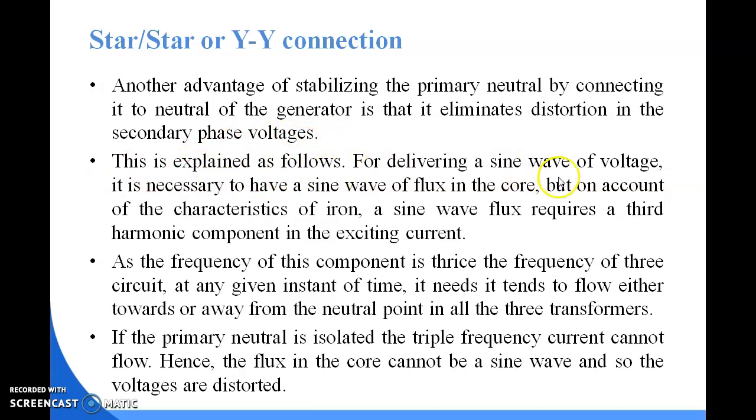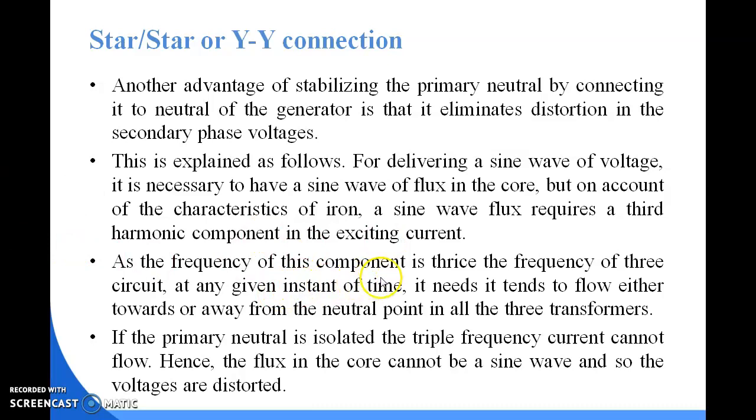For delivering a sine wave of voltage, it is necessary to have a sine wave of flux in the core, obviously. But on account of the characteristic of iron, a sine wave flux requires a third harmonic component in the exciting current. So what happens here?